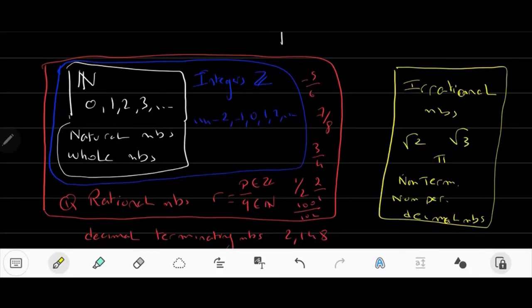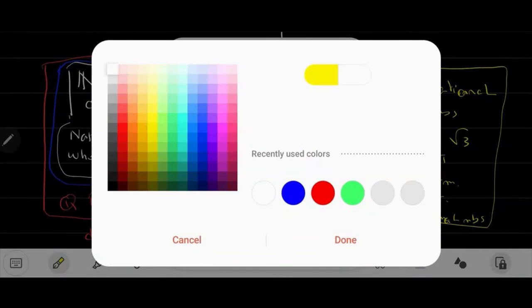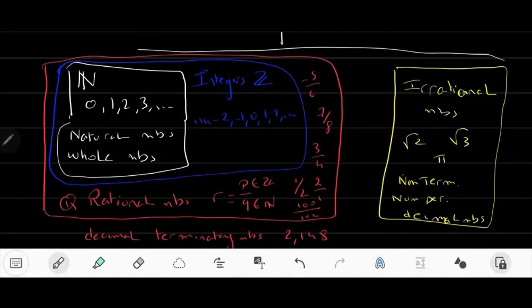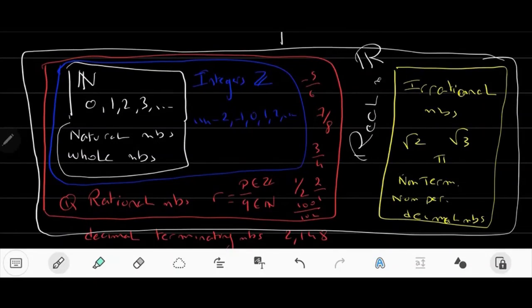So if we combine everybody in this graph, all these numbers together, we will have the real numbers. So real numbers are the rational numbers and the irrational numbers.